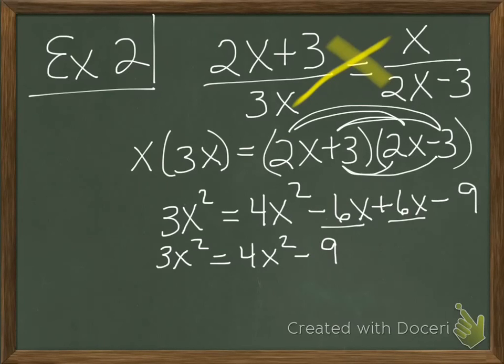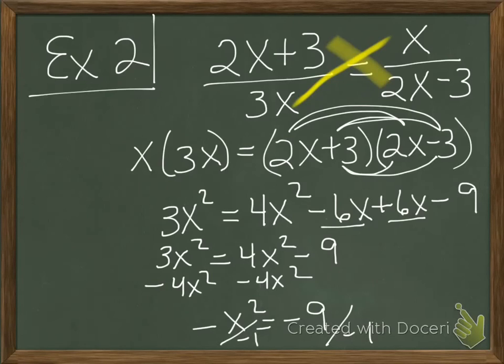Now I want to solve this for x, so I'm going to subtract 4x squared from both sides. That leaves me with negative 1x squared equals negative 9. So I'm going to divide by negative 1 on both sides.